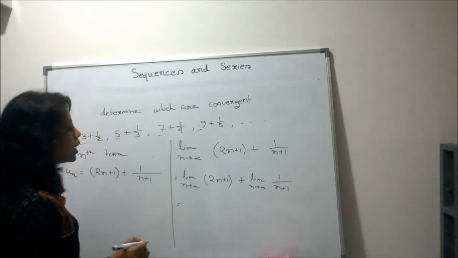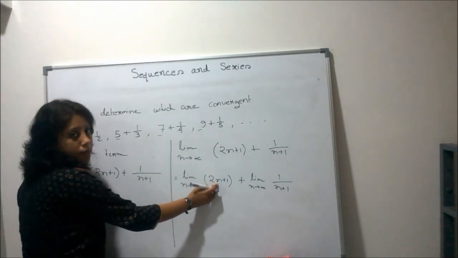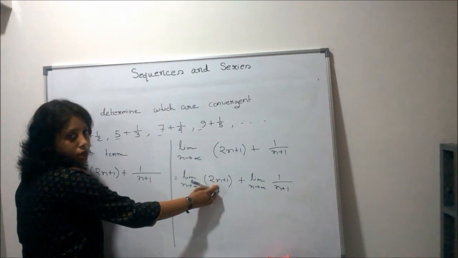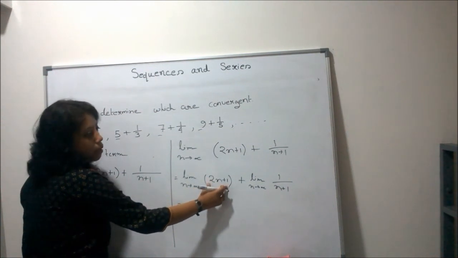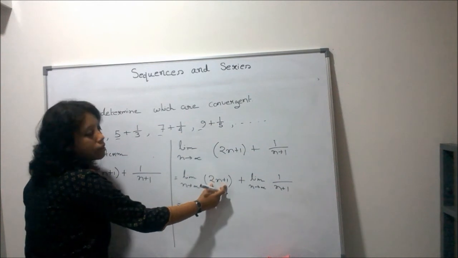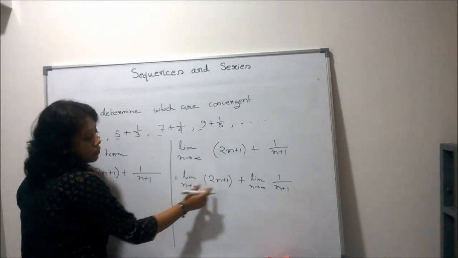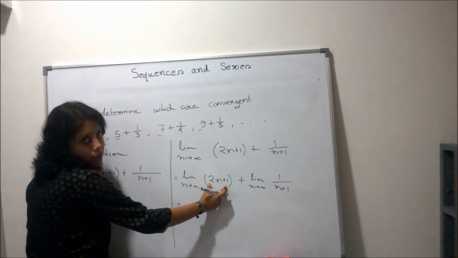Here you see that n belongs to the set of natural numbers and this is greater than or equal to 1. So its numerical value becomes more than 2. So if we take n tends to infinity, it becomes infinity.